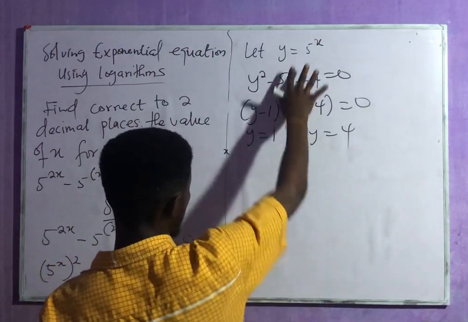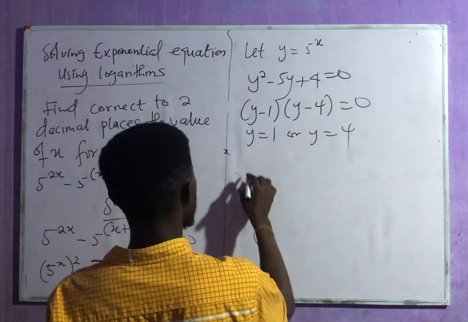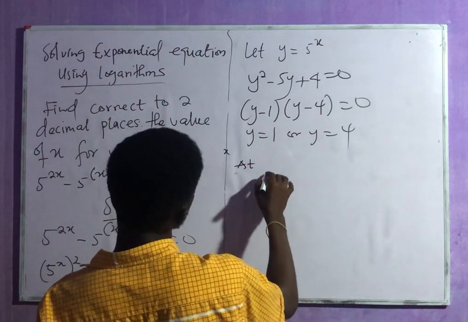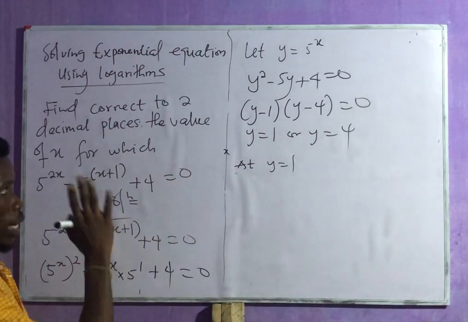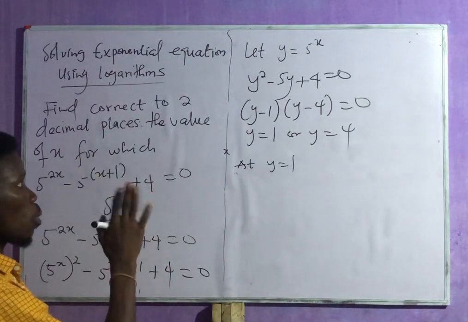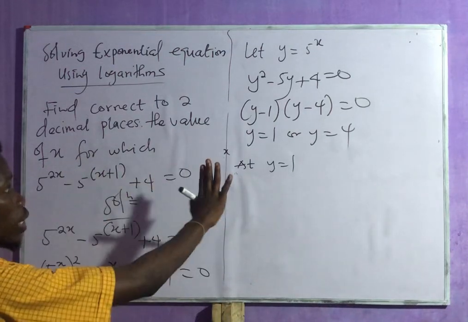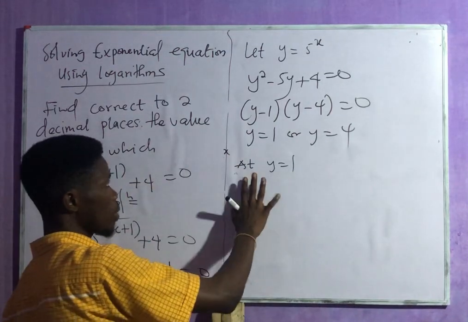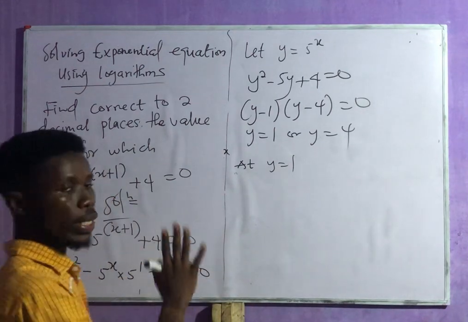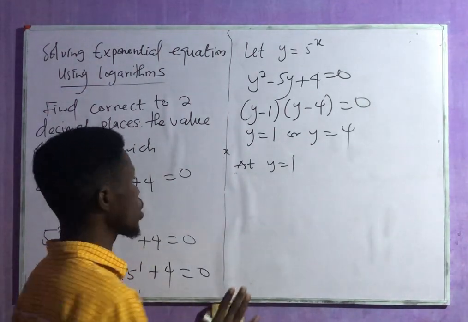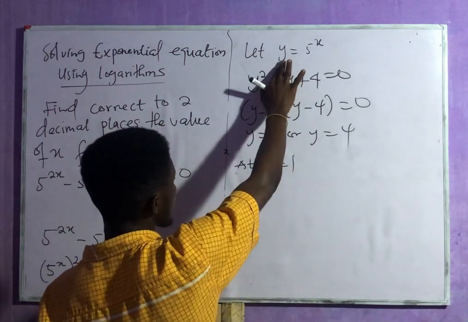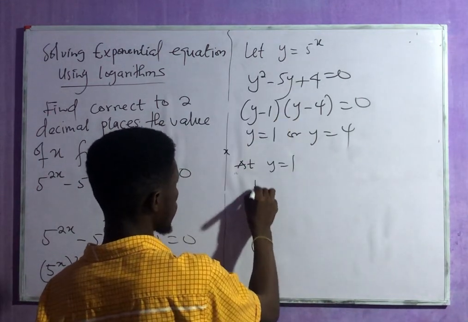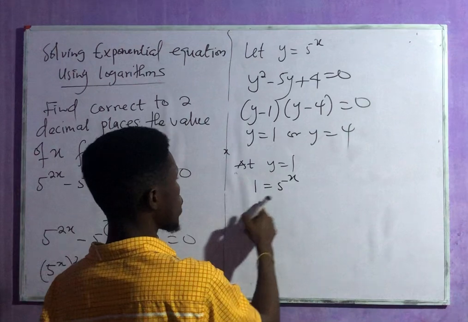Now let's go back to this side. Because the question was given in terms of x, and now we replaced the 5 to the power x by y, we have to send it back. You can't just leave it like this. So anytime you do something like that, you have to do back substitution. So at y equals 1, let's replace y by 1, equals 5 to the power x.